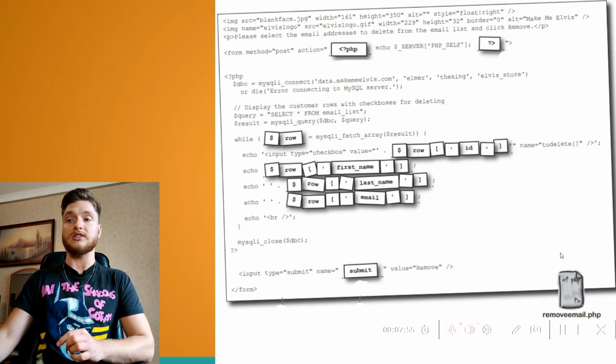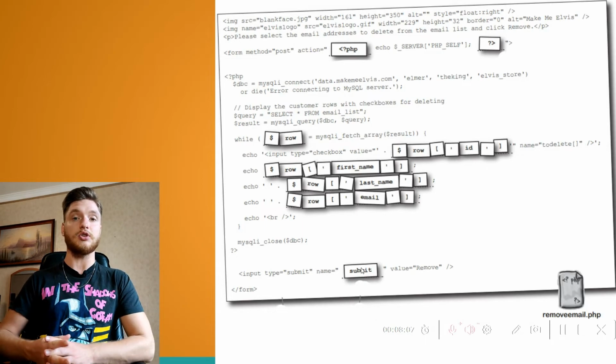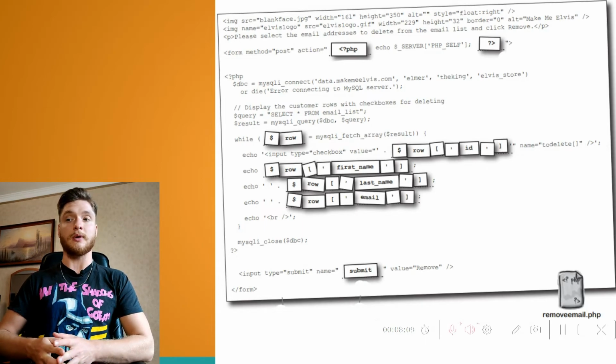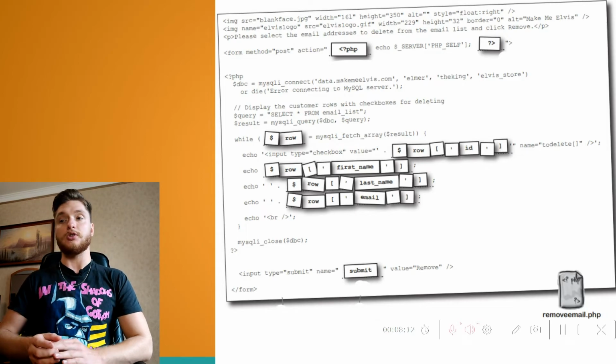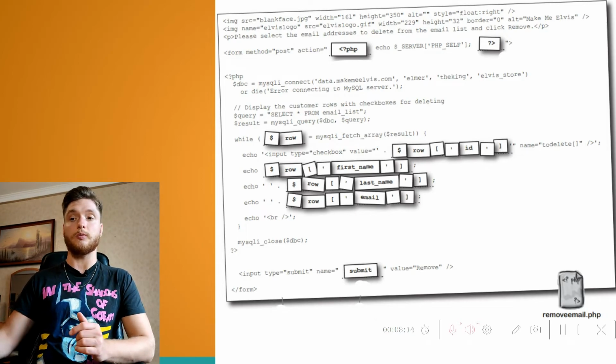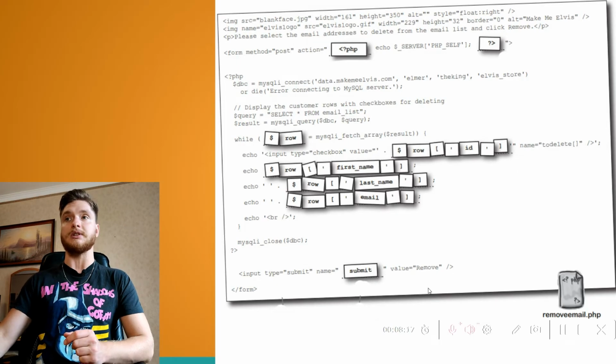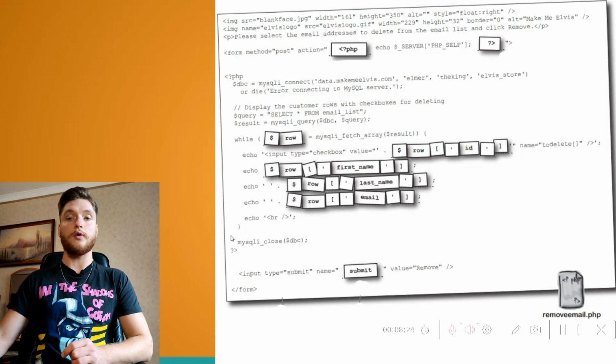Each checkbox's input field is constructed from a row of customer data. Then this here, you can name your submit button anything you want. Just be sure to remember the name later if you decide to check $_POST to see if the form was submitted. And the script doesn't actually do any deleting yet. For now, it just presents a list of checkboxes.